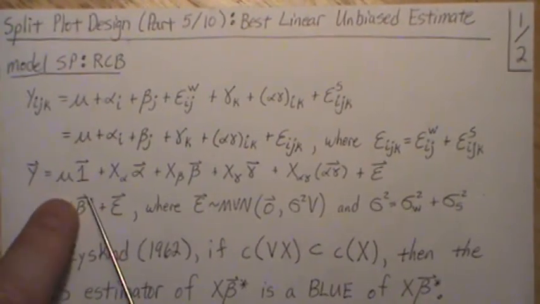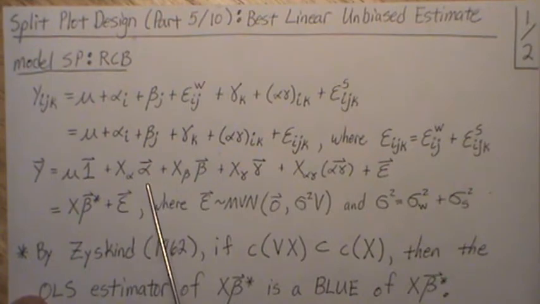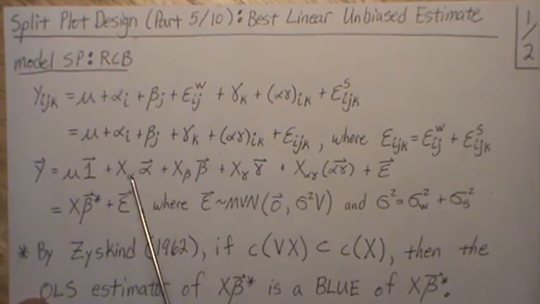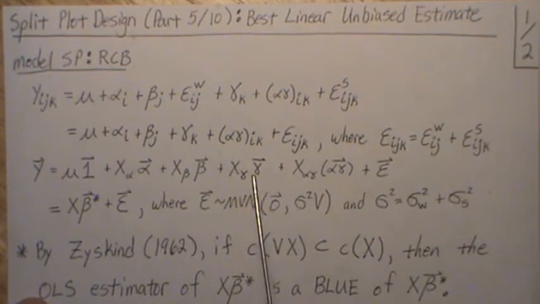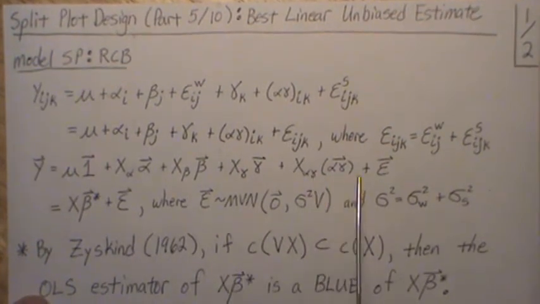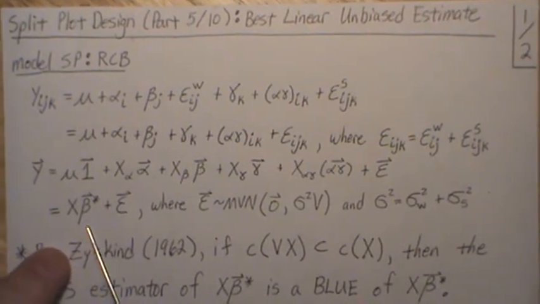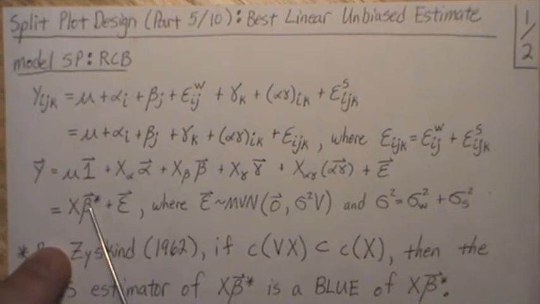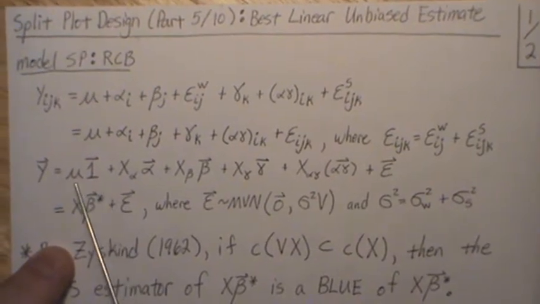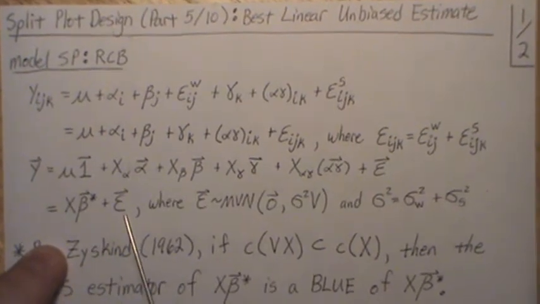And in matrix form, you can let it be mu times 1, and then the first factor, alpha, the block effect, second factor, the interaction between the two factors, and the error term. Now this can generically be represented like this: x times beta, this vector of unknown parameters, it's all of these in one, and the error term.